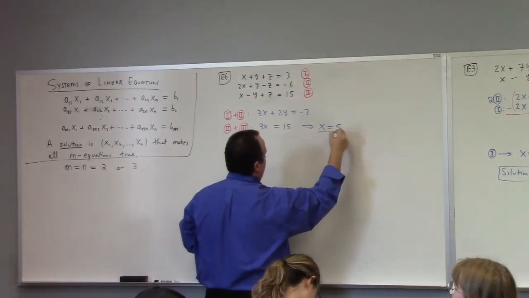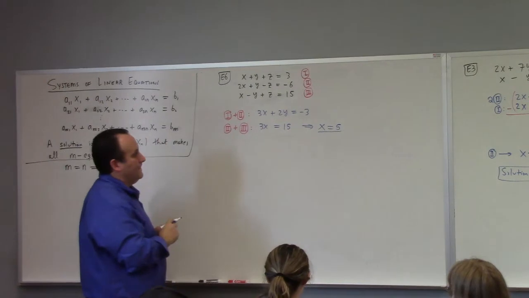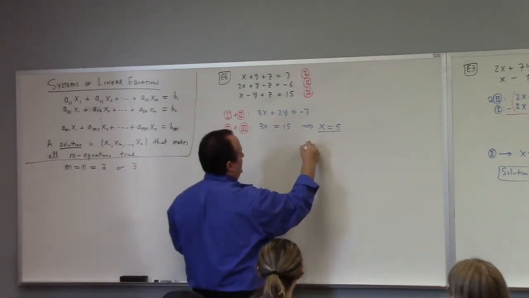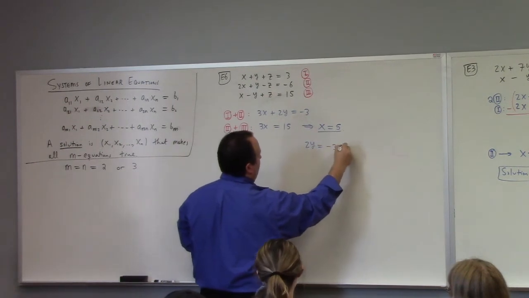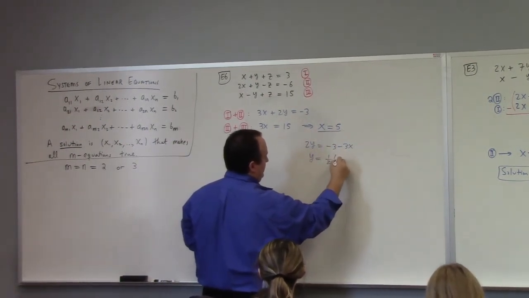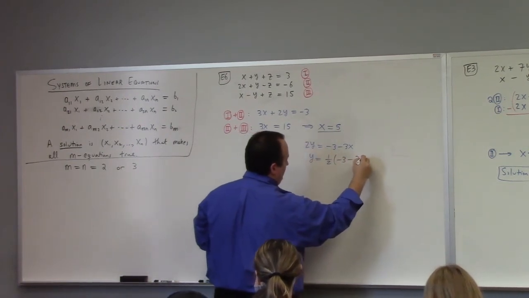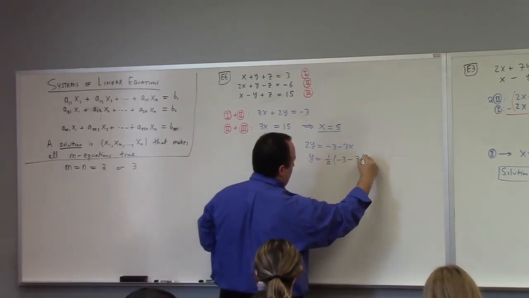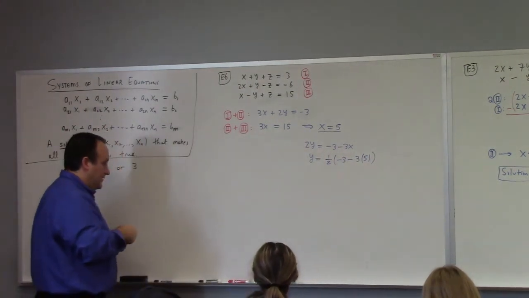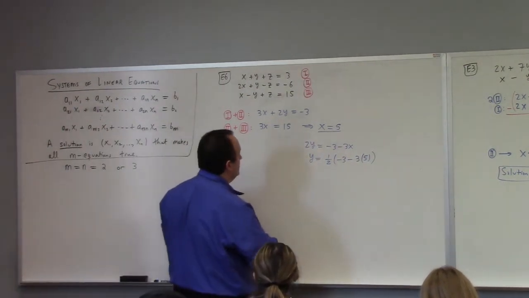5. And then what's y equal to? We can use this one here, right? So 2y is minus 3 minus 3x. So y is 1/2 of minus 3 minus 3x, but x was what? It was 5, right? So y apparently is, how did I get what?